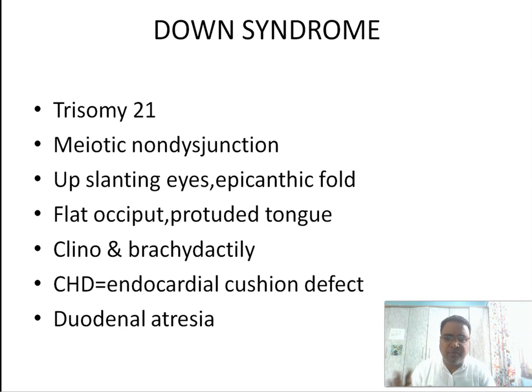The most common congenital heart disease seen in Down child is endocardial cushion defect. Other features may be duodenal atresia, simian crease. We have to know about Down syndrome, because every year they used to ask one question from genetics, most commonly from Down syndrome.